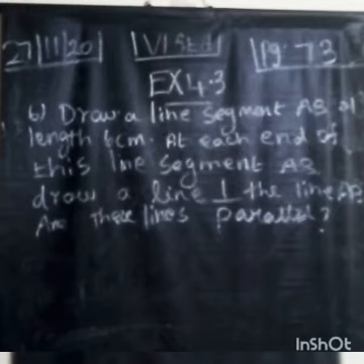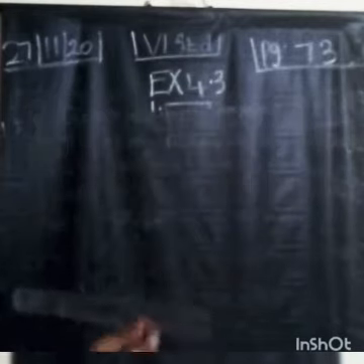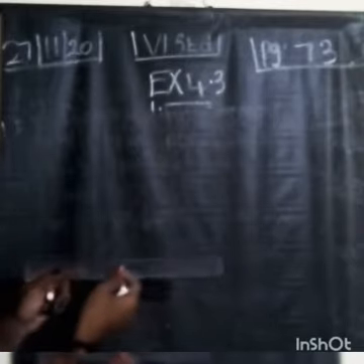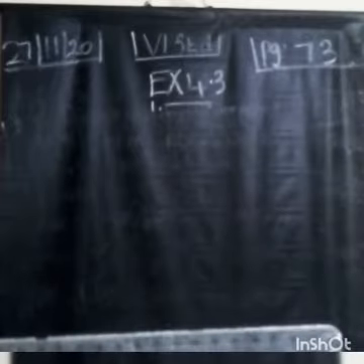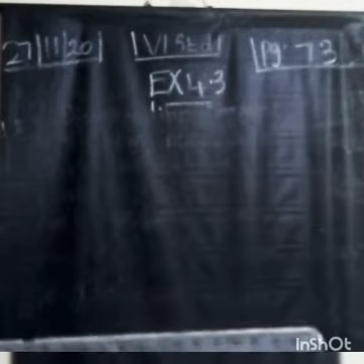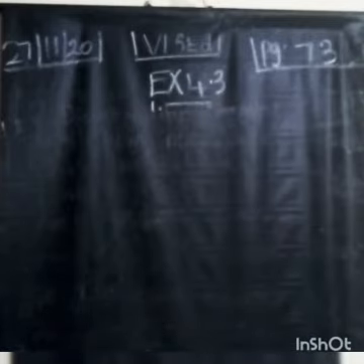First, draw a line segment AB equal to 6 cm using the scale. Mark 1 centimeter, 2, 3, 4, 5, 6 centimeters and mark the point correctly.